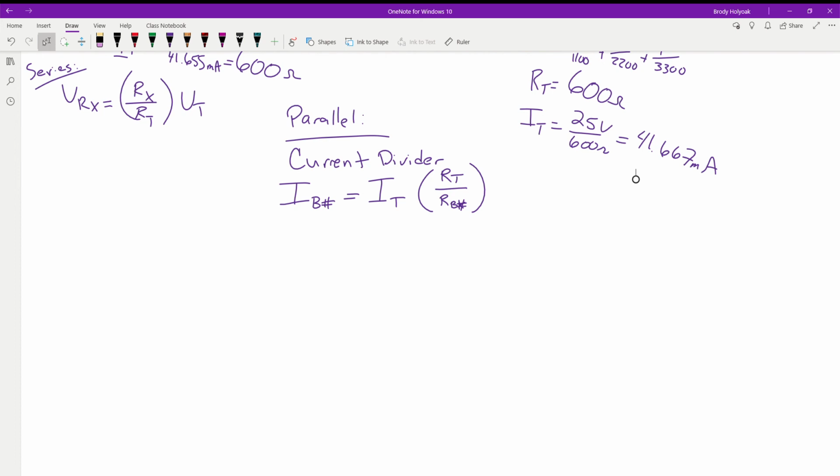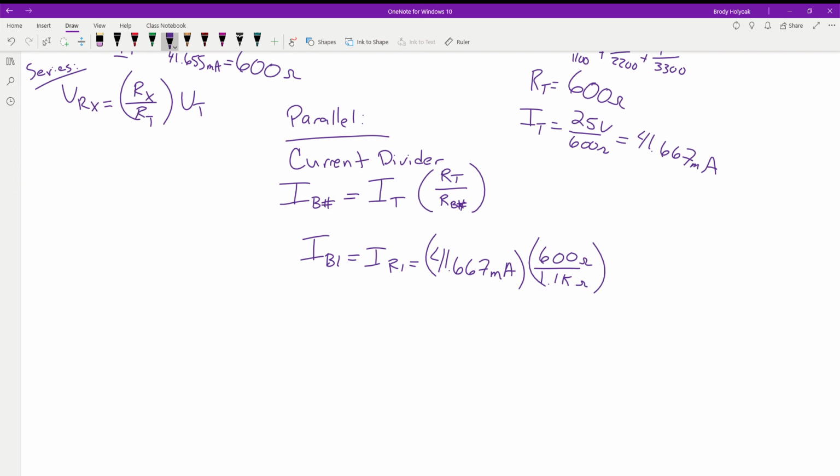We could have worked backwards and said how much is going to flow through each of these branches. So in I branch 1, which is the current through R1, we take our total current, multiply it by the resistance total, which was 600, and divide that by that ratio.